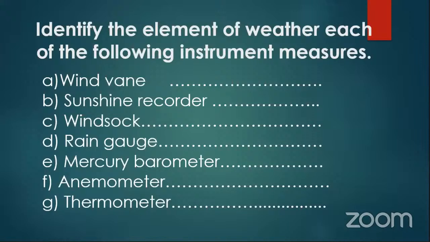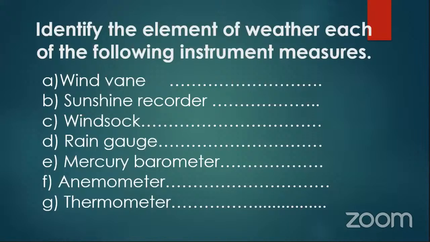So we can tell the direction of the wind using the pointer. The pointer faces the direction from which the wind is coming, and the tail shows the direction where the wind is going. That is the explanation I want. Are we together?